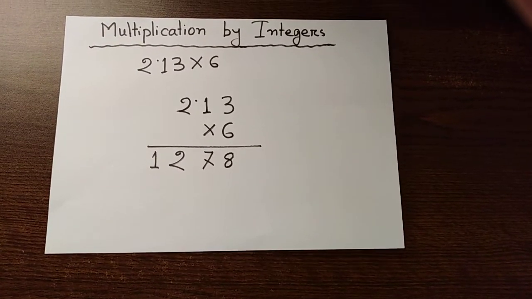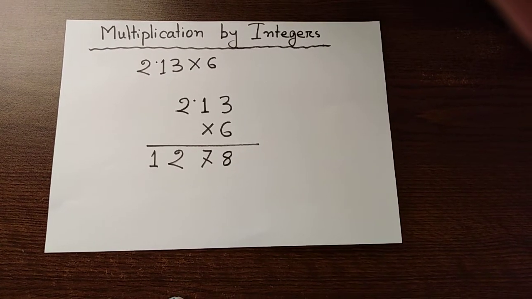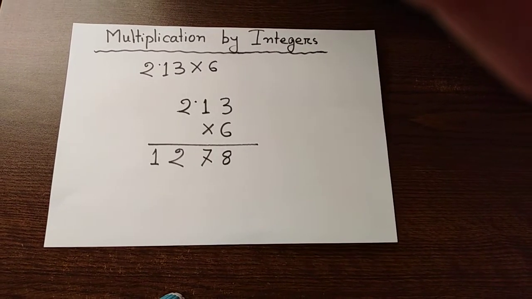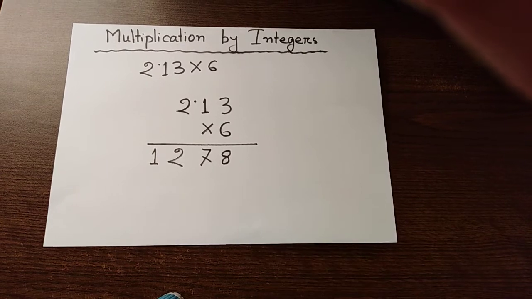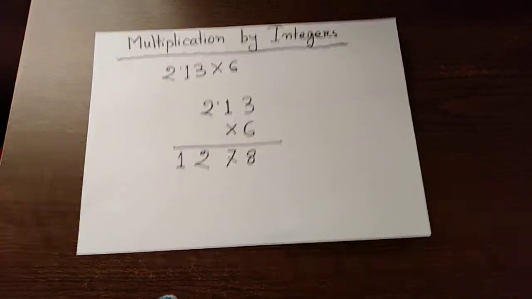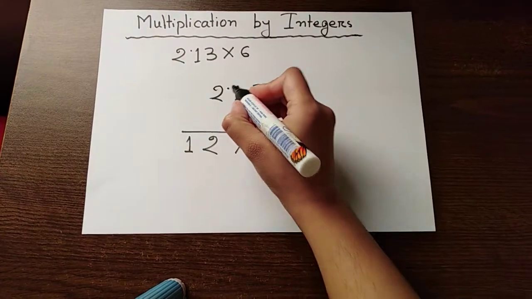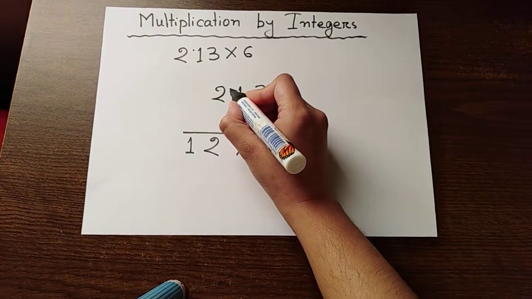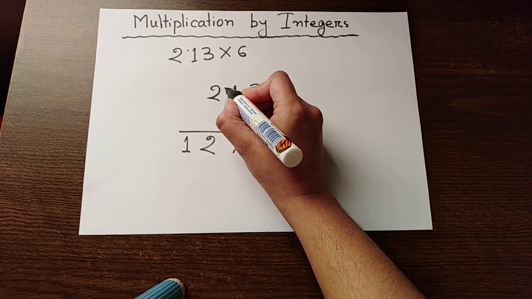Now I am going to put the decimal point. Now put a decimal point at the same place in the multiplicand. That means here we have the decimal point.